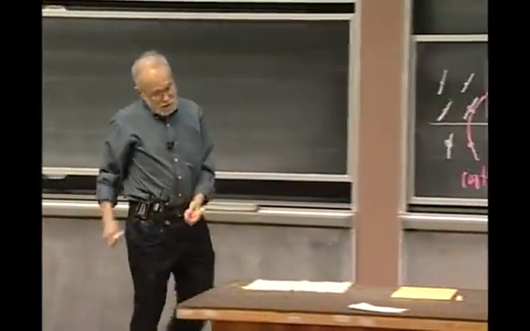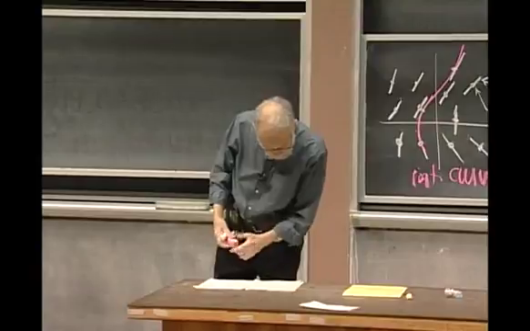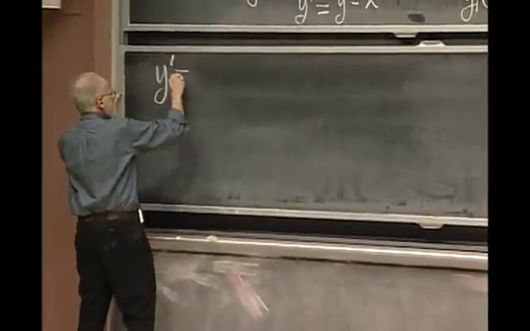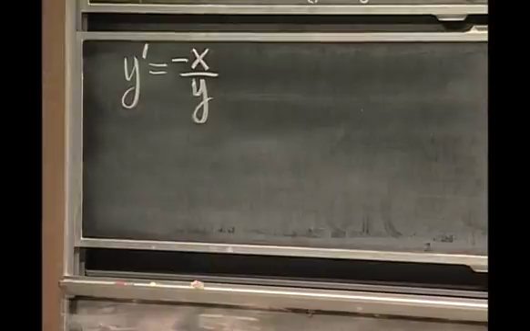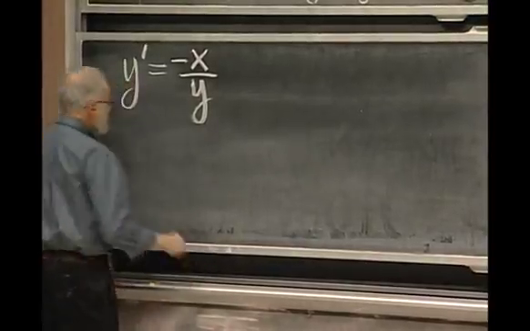So the first equation is going to be y prime equals minus x over y. Okay. First thing, what are the isoclines?